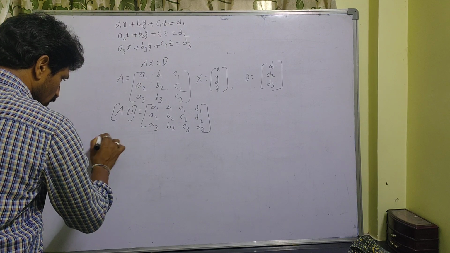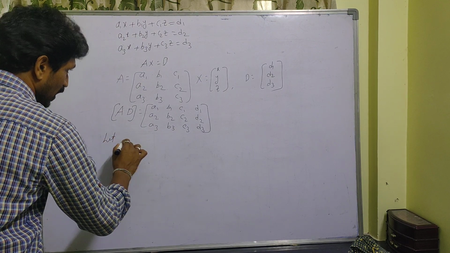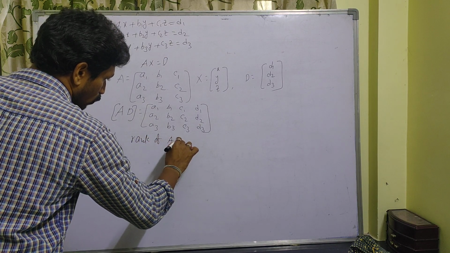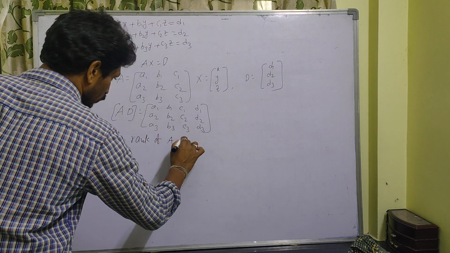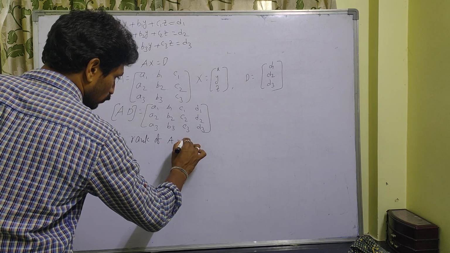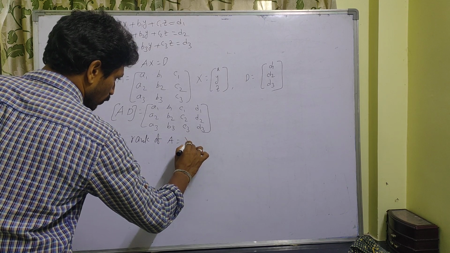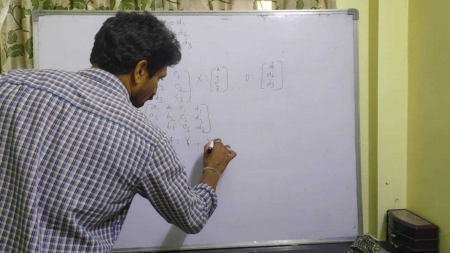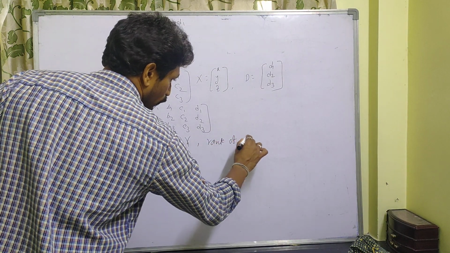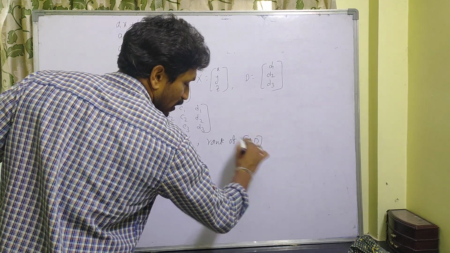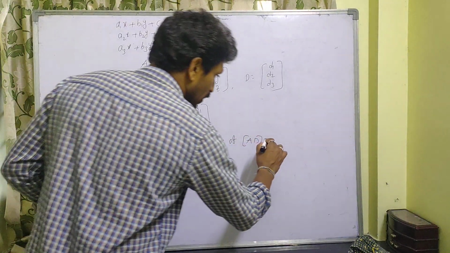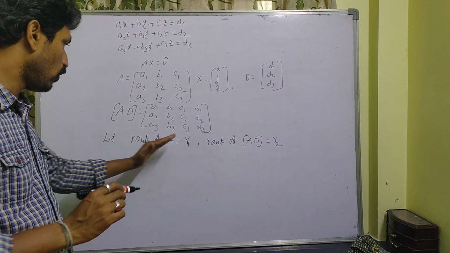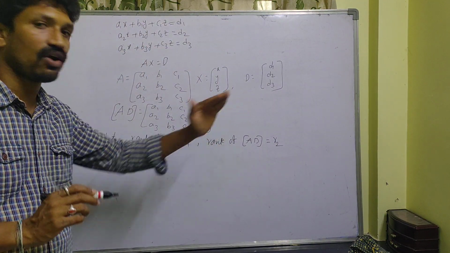Let us consider the rank of A is equal to some R1. Same way, the rank of AD is equal to some R2. Okay, first we have to find out the rank of A and the rank of AD.